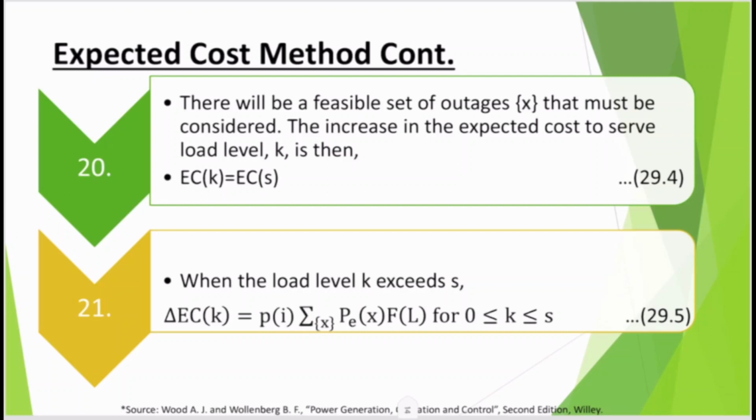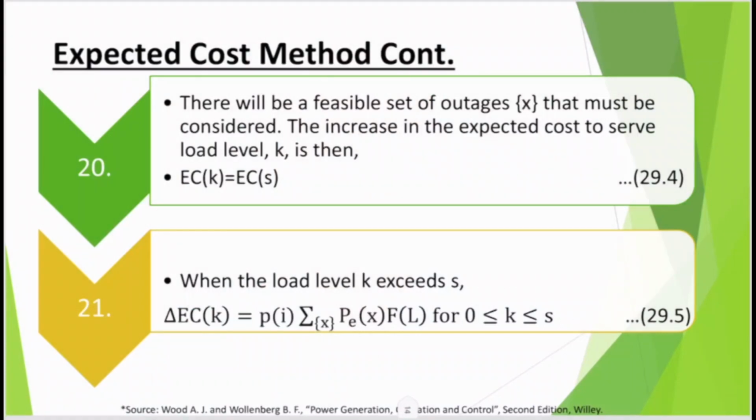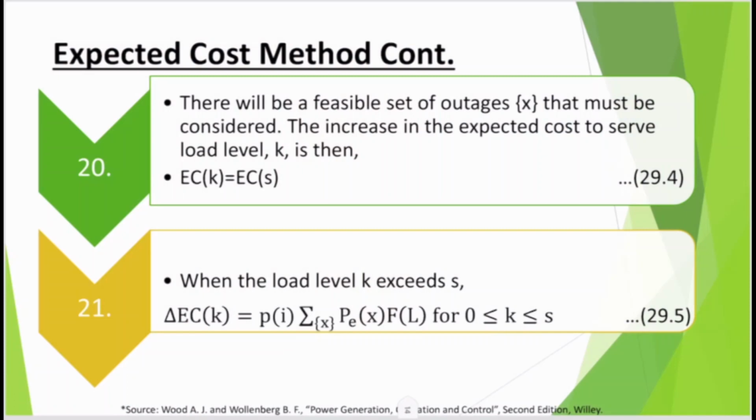The increase in the expected cost to serve the load level is then given by EC(K) equal to EC(S) when the load level K exceeds S. Then your incremental EC(K) is given by Pi times the summation over X of P(X) times Fi(L), for any value K less than S and greater than 0. So we have come to the end of the expected cost method, and thank you very much for your attention.